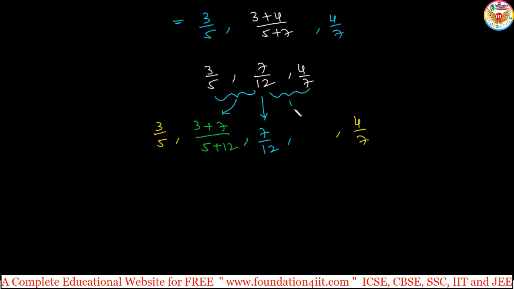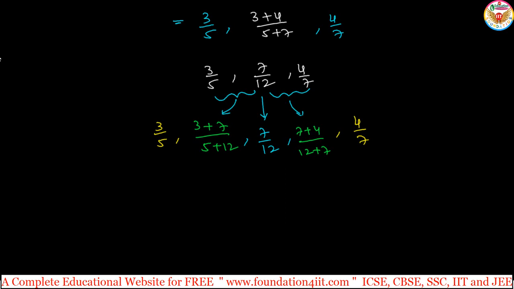I am changing the color to give a clear idea. Between 7 by 12 and 4 by 7, it is (7 plus 4) by (12 plus 7). So the first and last are the same, no change. I only found the numbers between the first and second, and between the second and third.